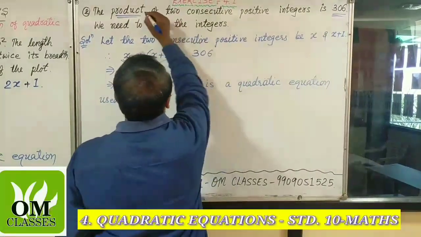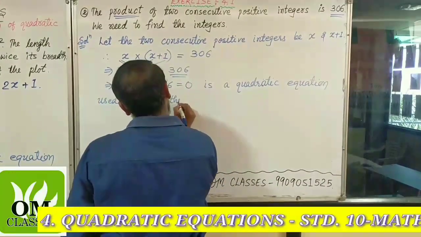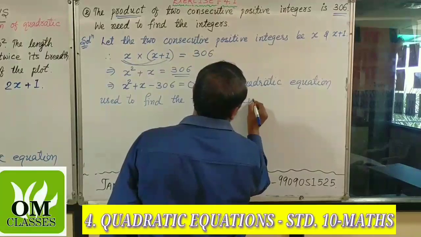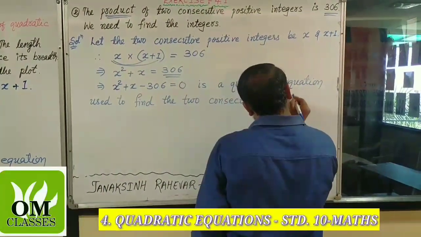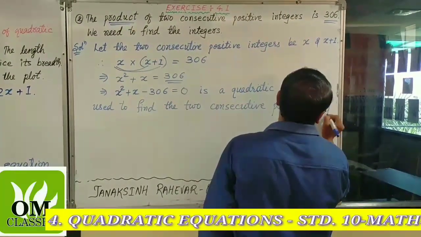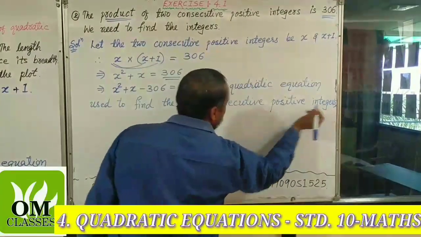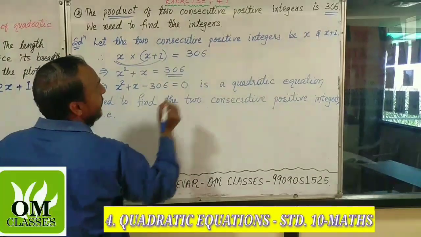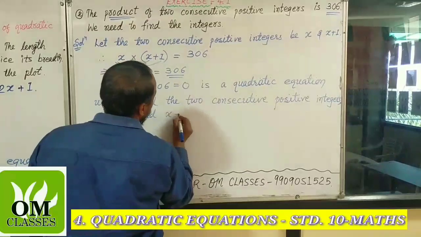To find the two consecutive positive integers. कौन कौन से हैं? Integers, कौन कौन से लिए थे हमने? x and x plus 1.